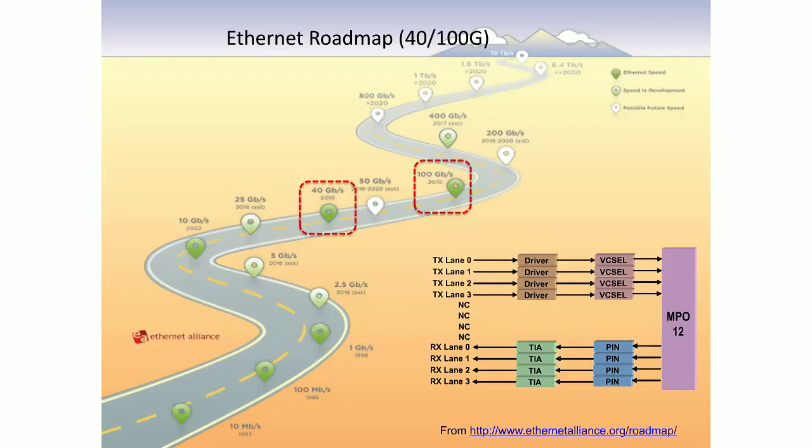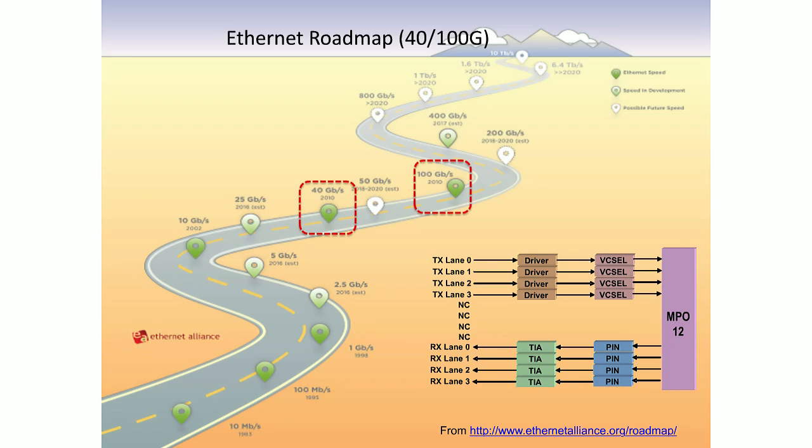So I want to talk about the Ethernet roadmap. This is on the Ethernet Alliance organization website. It hasn't changed much in the last couple of years, but what I'm highlighting there is the 40 gig and the 100 gig Ethernet PMD for multimode fiber, physical media dependent, the transceiver.